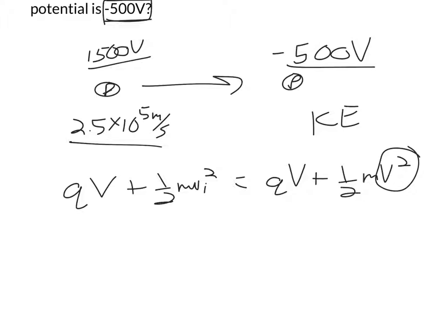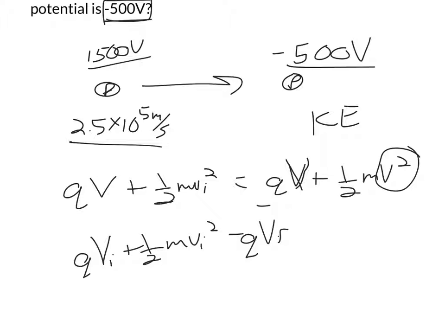Now, I haven't drawn this great, but there should be capital V's and lowercase v's, but we'll kind of deal with that. So I'm going to subtract this first. I'm going to get the Q, I guess this is capital V initial, plus half m v initial squared minus Q, and that's V final, and then all of that equal to half m times the v that we're looking for.